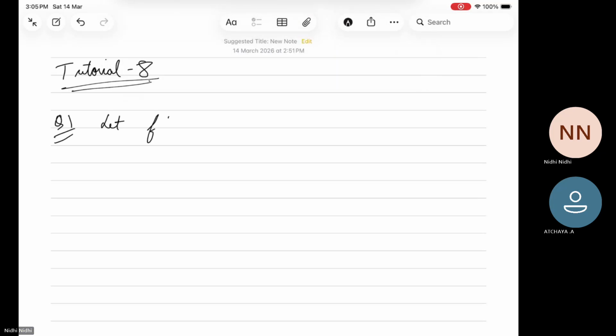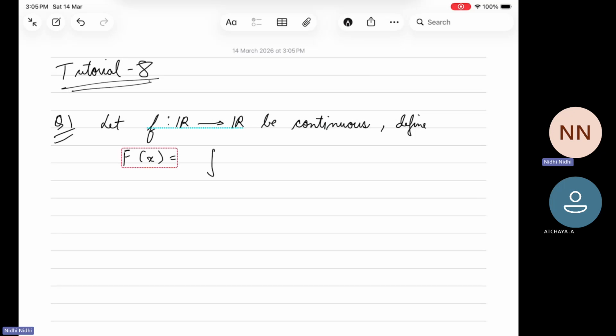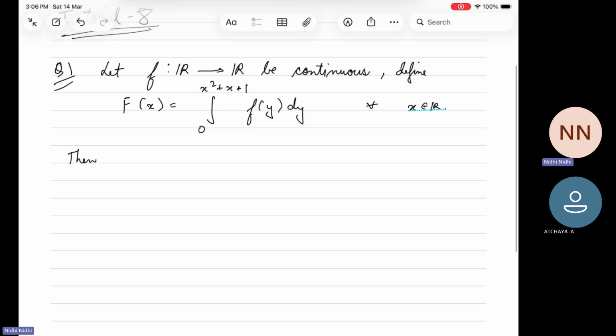Let f be a real valued function defined on real variables, be continuous, and further using this f we define a new function capital F(x), which is equal to the integral from 0 to x squared plus x plus 1 of f(y) dy for every x in R. Then we have the following options.